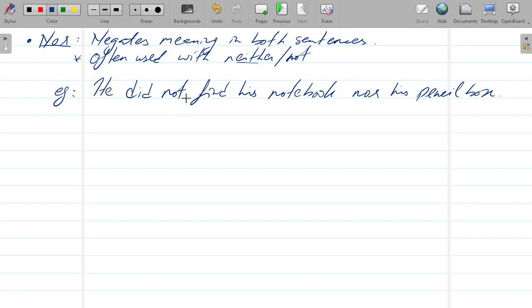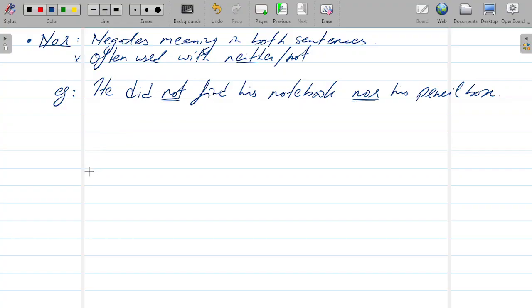So this is a negative. When it's negating, you need support with something else that is giving you negative meaning. You can either use a word that's clearly negative, like "not", and so you're coupling that with "not", and so it's negating meaning. So finding the notebook and finding the pencil case, pencil box are both something that did not happen.